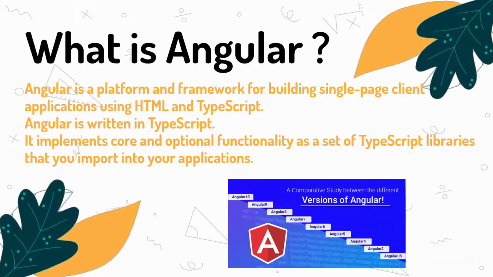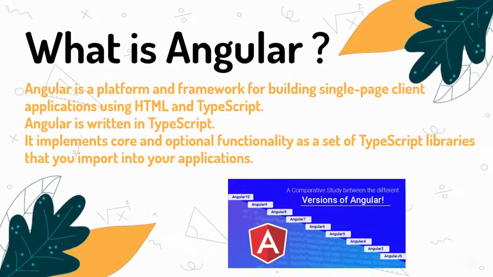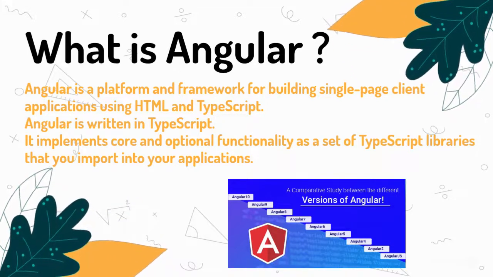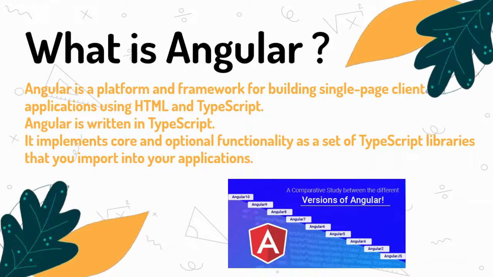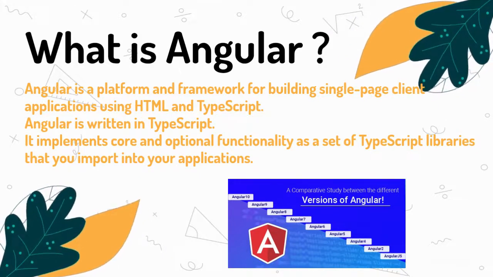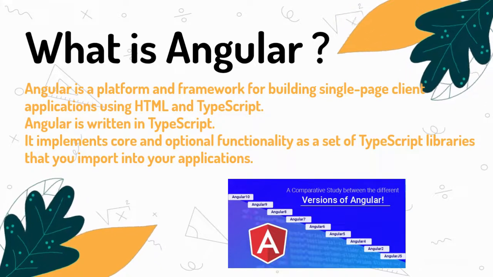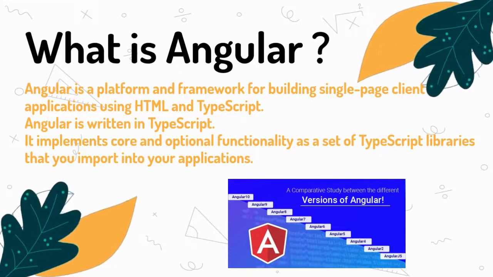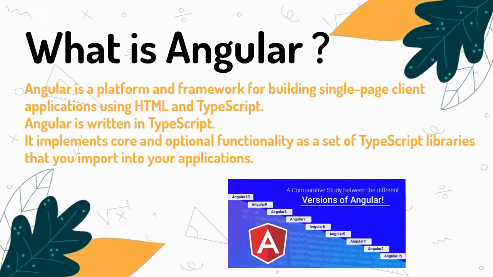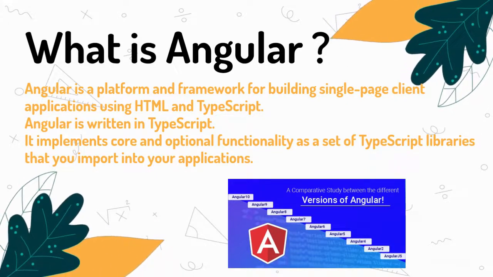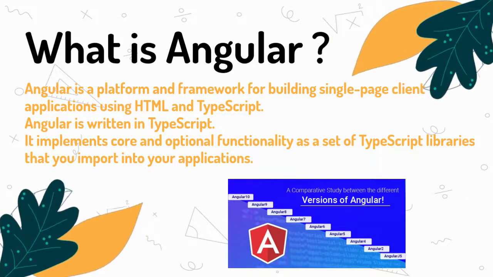After AngularJS we have Angular 2, then Angular 4, and so on. Presently we have up to Angular 12, which we are going to make tutorials on in the coming videos, and Angular 14 as a recent one. So many versions have come into existence after AngularJS.